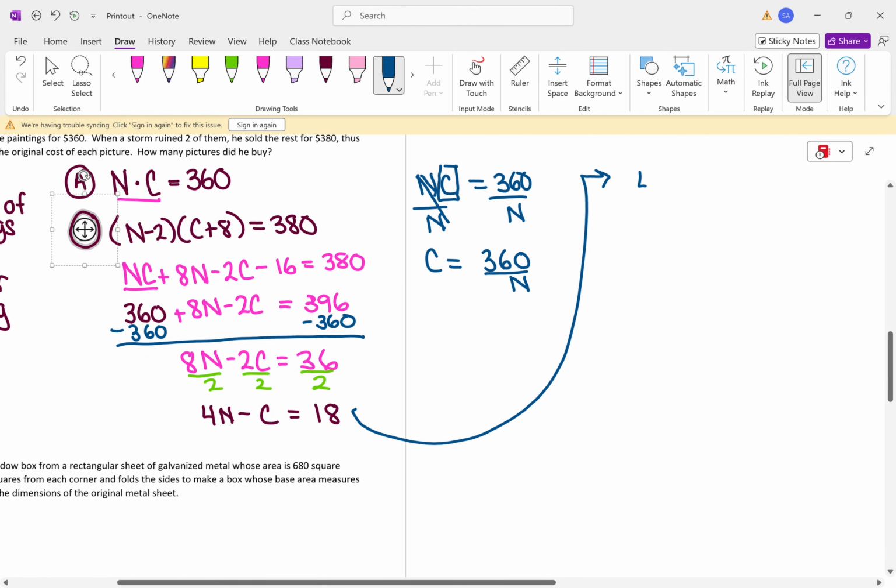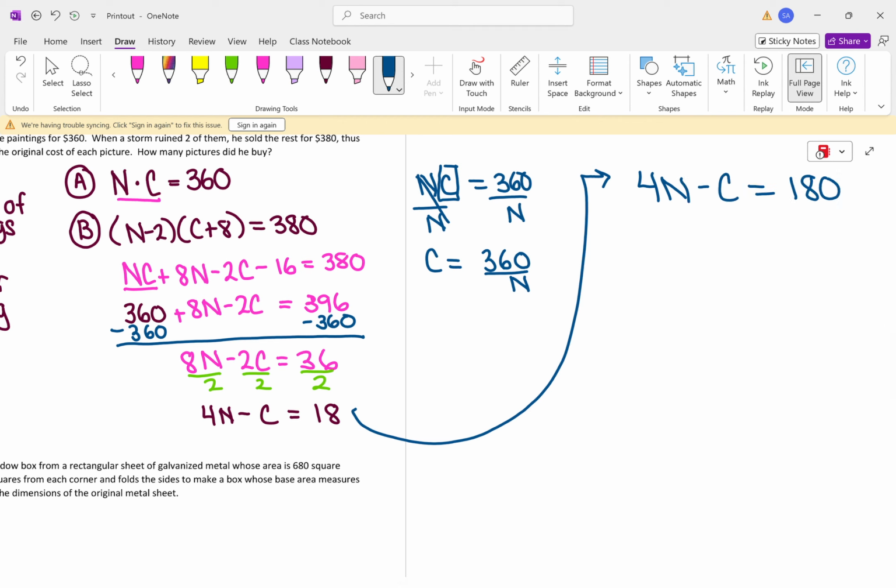All right, I'm going to bring this all the way up here now. So now we have 4N minus C equals 18, and I'm going to sub in the 360 over N for C. So we have 4N minus 360 over N equals, oops, not 180, 18. I want to solve this, but I don't want to deal with fractions, so I'm going to eliminate the denominator.